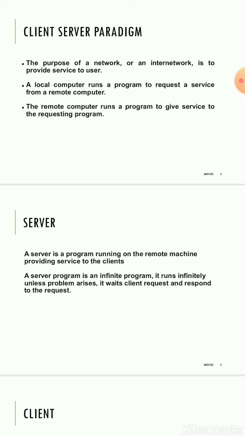One solution is that the application program called client runs on the local machine and requests services from another application program called server running on the host machine. In other words, the task of requesting service is with the client, and providing services is with the server.